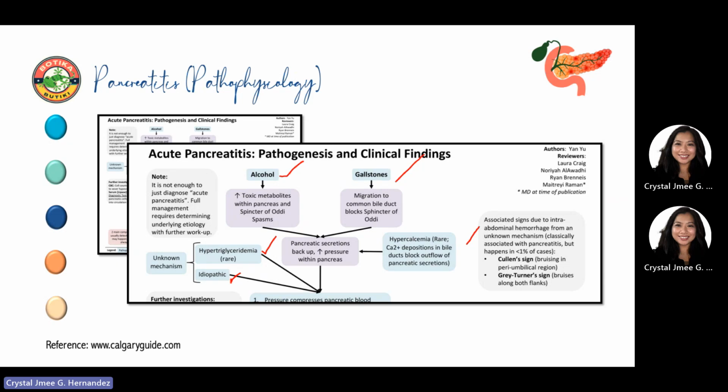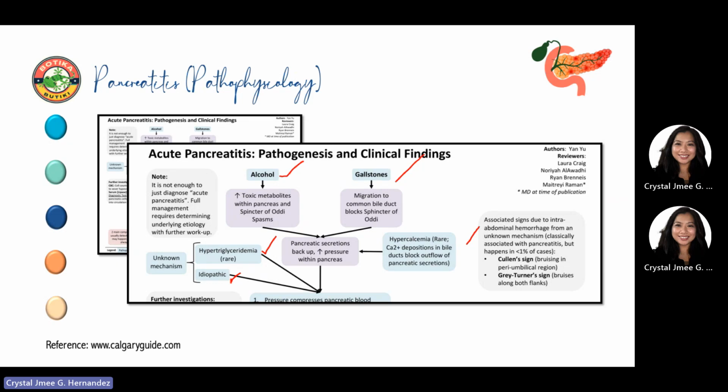So let's look at alcoholism. Alcohol would increase the toxic metabolites within the pancreas and cause sphincter of Oddi spasms. This will lead to pancreatic secretions backing up and increased pressure within the pancreas.